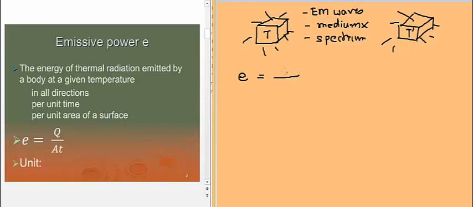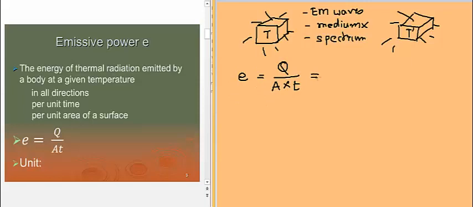Therefore, this is given by the total radiations, let's say Q, per unit area of this object, taking the entire surface area, per unit time. That is known as the emissive power of this object.